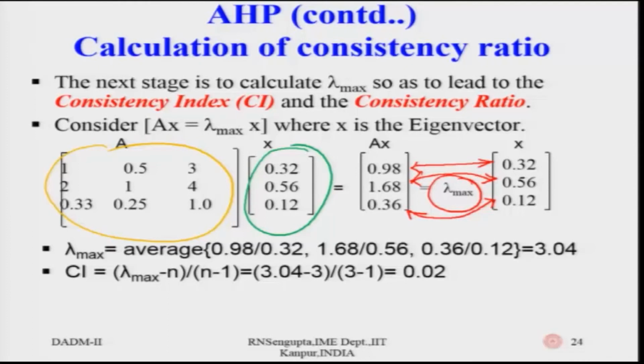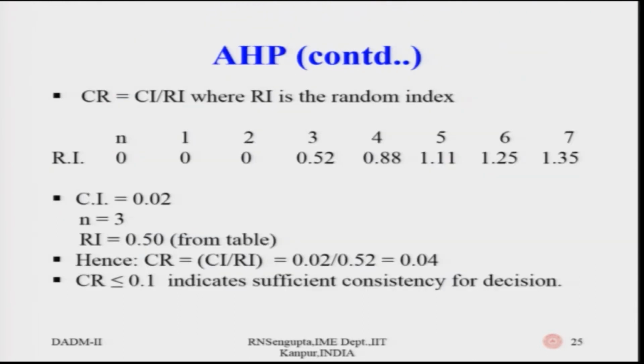So, the consistency index is 0.02, and the consistency ratio would be given by CI divided by RI. RI is the random index, which is given based on the number of decisions or number of alternatives.